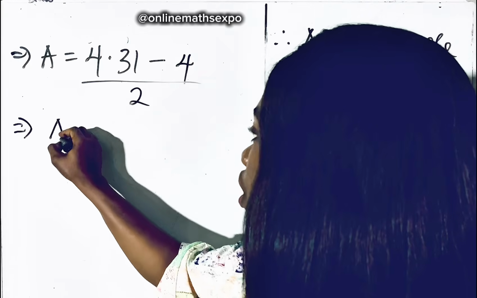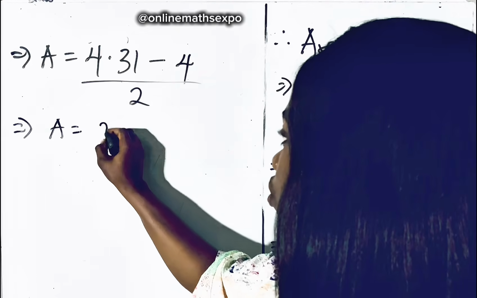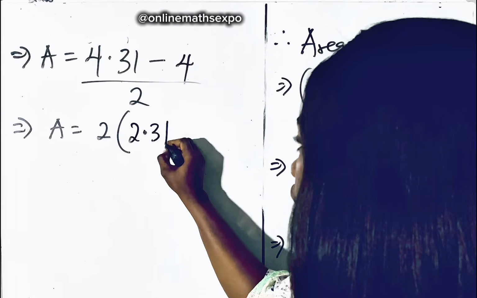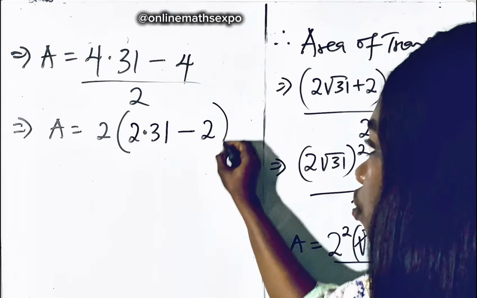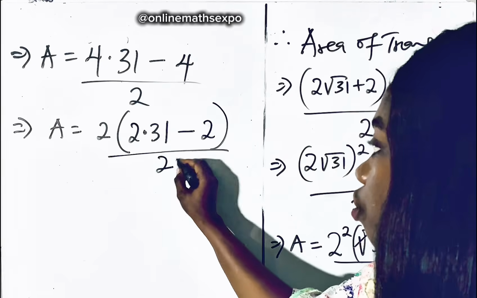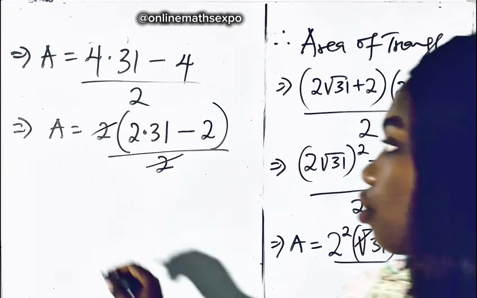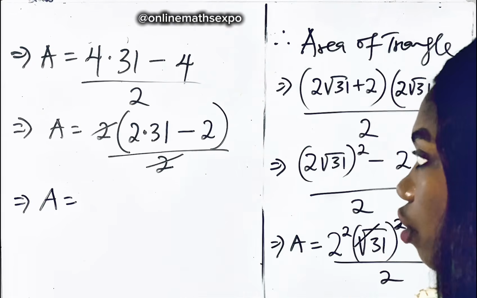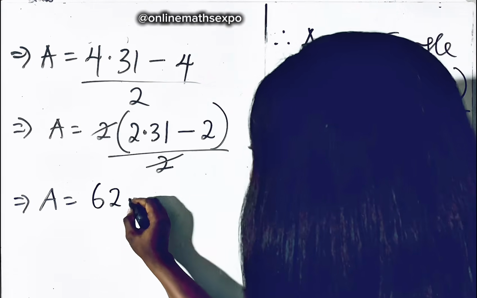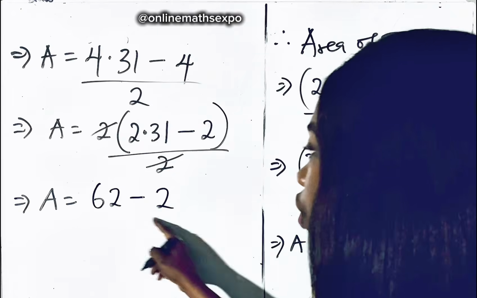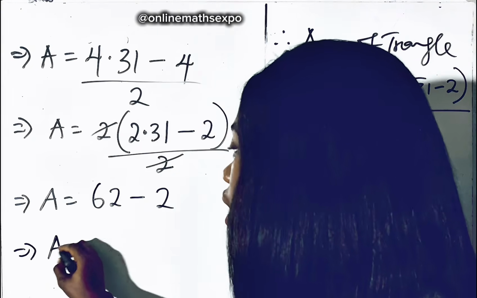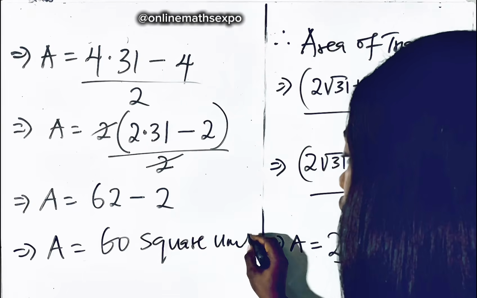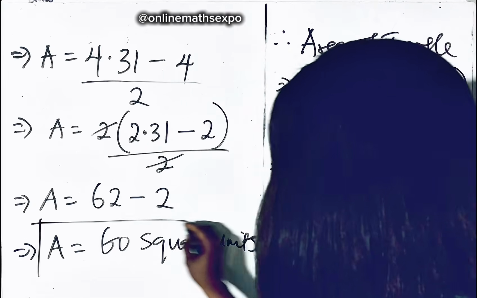This will give us area is equal to, we can factor 2 out. This will give us 2 multiplied by 31 minus 2, then divided by 2. These two will cancel out. So we are going to have area is equal to 2 times 31 will give us 62 minus these 2. And when you subtract this, it gives us area is equal to 60 squared units. And that is our answer.